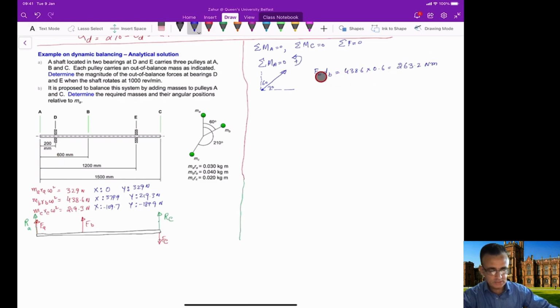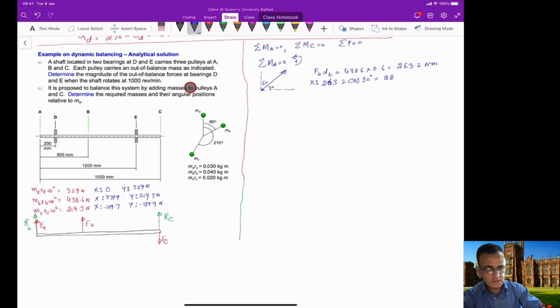Now, as you can see in this case, you have this moment here. Similar to the previous case, we will now split this into two components, X and Y. The X component will be 263.2 times cos of 30, which provides a value of 227.9 Newton meter.